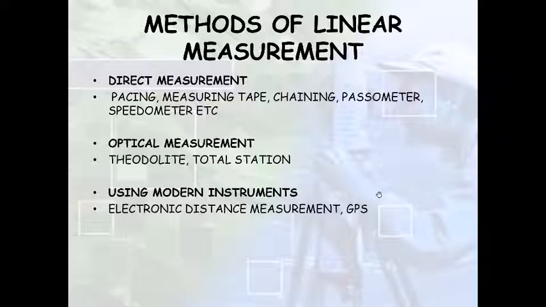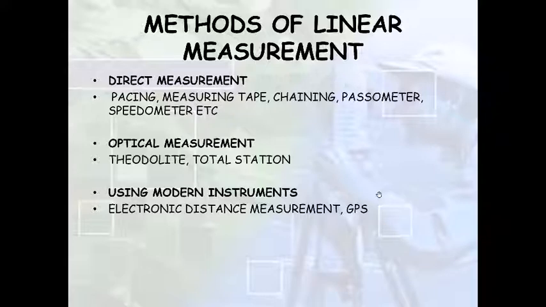So they come in very handy because when you actually execute survey in the field, you need to measure both. And instead of carrying different instruments, or when the terrain is difficult, it gets very tedious to measure distance using a measuring tape. But using these instruments, it gets really easier, and you will see later on how they are used for that.